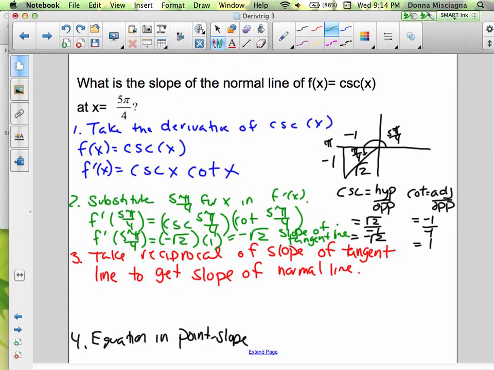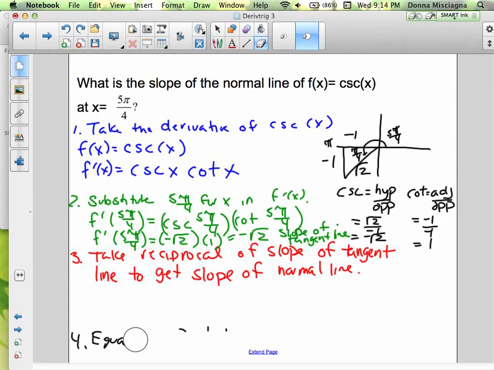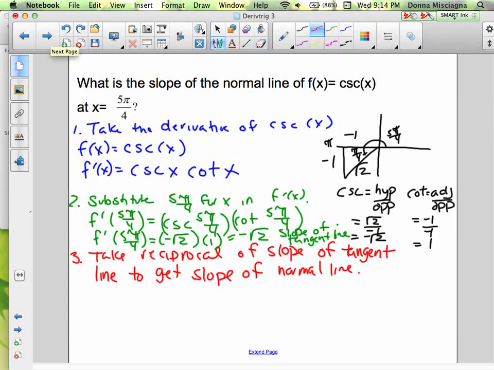Now we're going to take the reciprocal of the slope of the tangent line to get the slope of the normal line. This one actually didn't ask us to find the equation in point slope, so we save that, and let's just find the slope that we need.